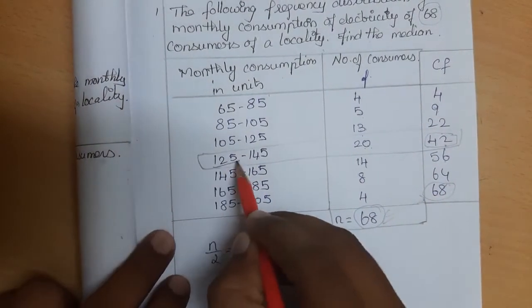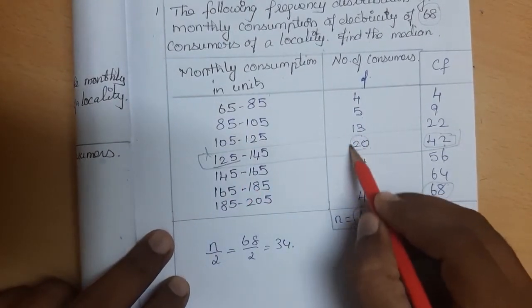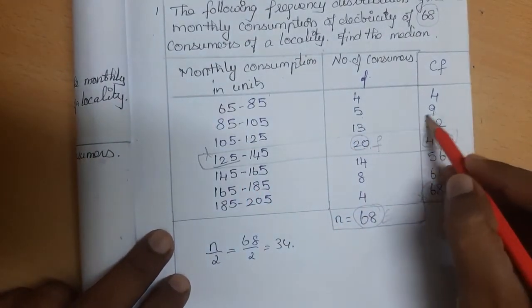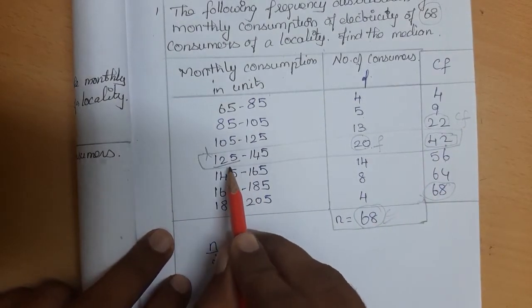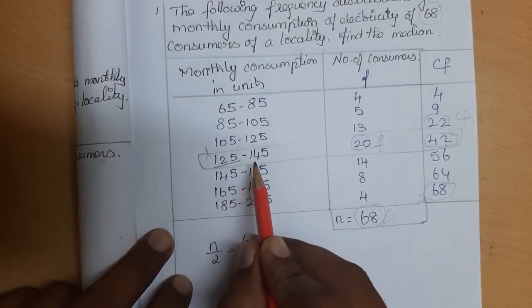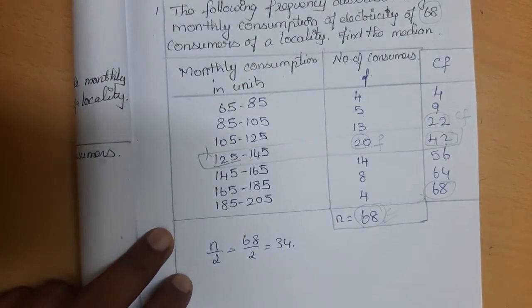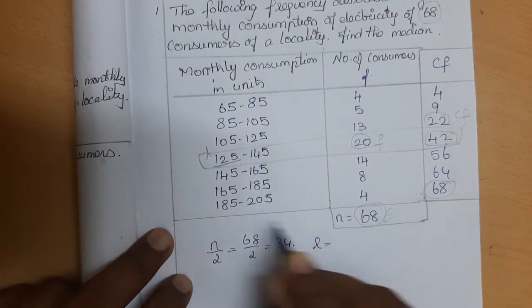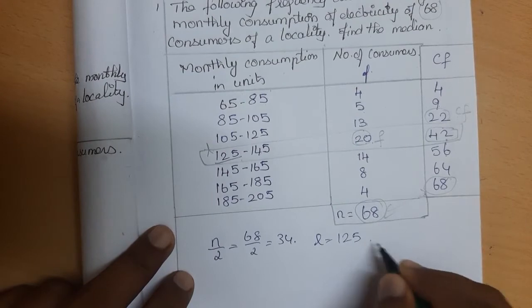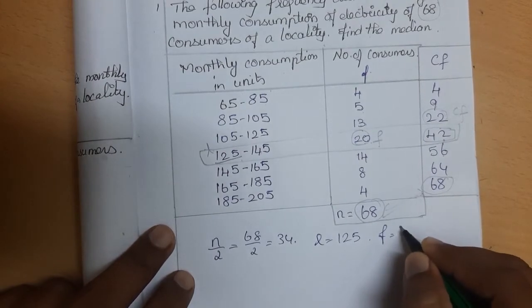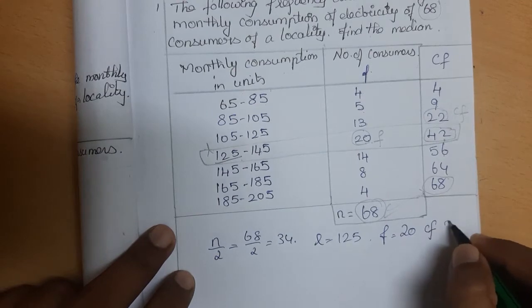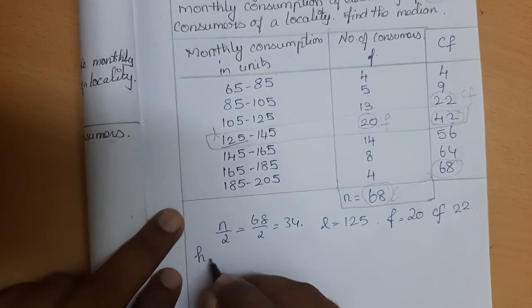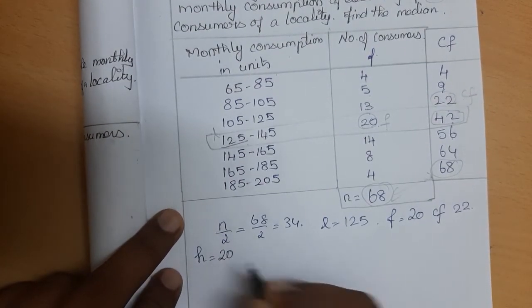So 125 will be the lower limit, 20 will be the frequency, and 22 will be the cumulative frequency. And the difference of 125 to 145, which is 20, is the height. Okay, so L is equal to 125, frequency is 20, Cf is 22, and the height is equal to 20, right?